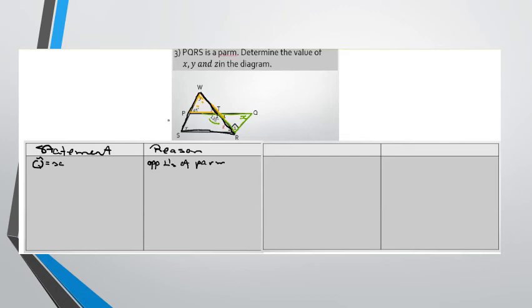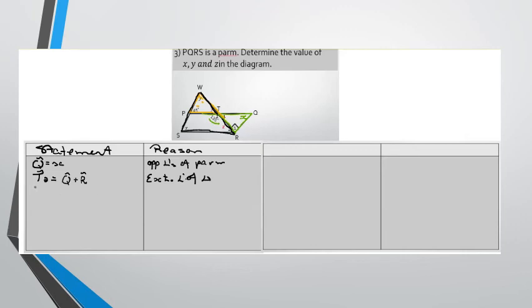Now I'm going to say in that right triangle, of course the green one that I've labeled there, angle T2 must be equal to angle Q plus angle R. And of course my reason for that is exterior angle of a triangle. Right, so now we're going to do substitution.